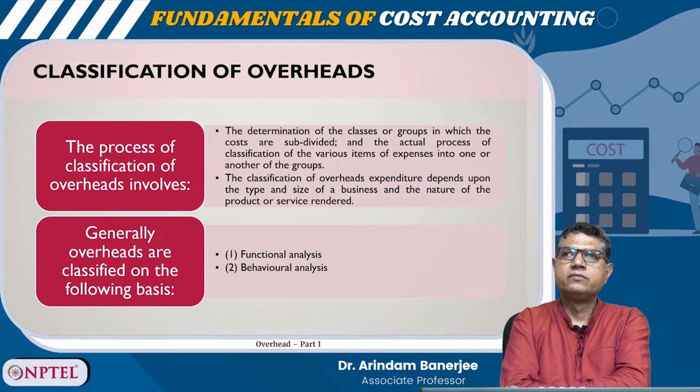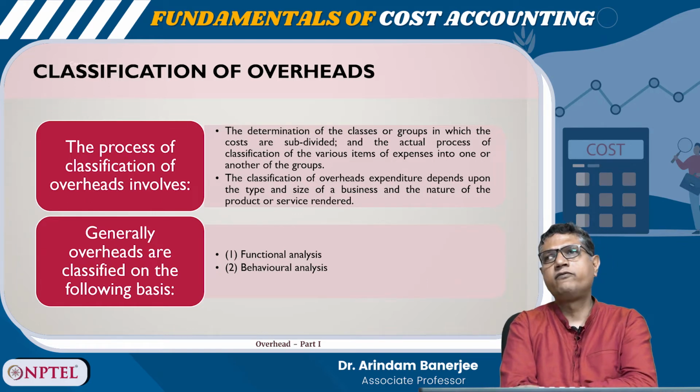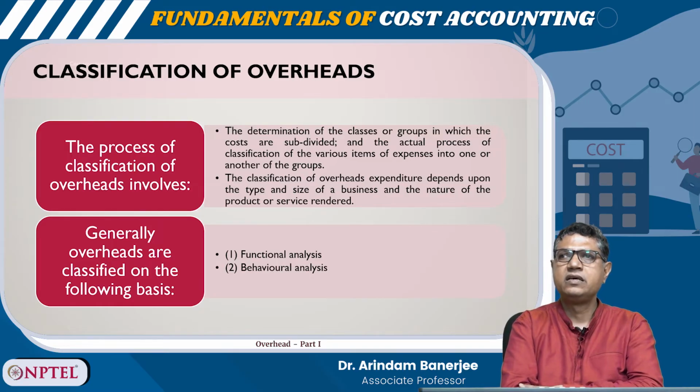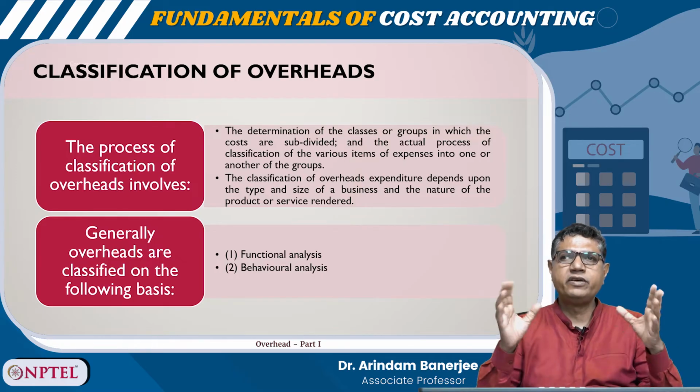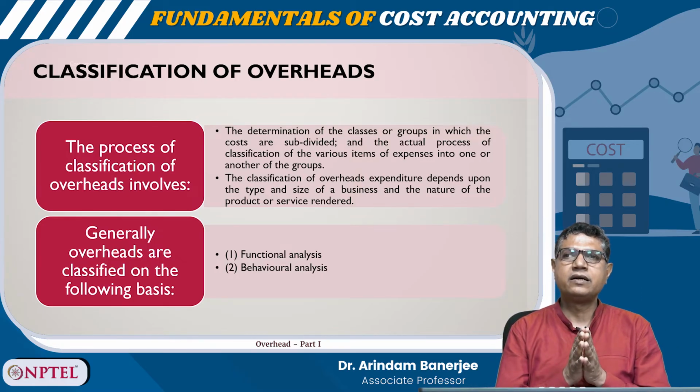Now, we can classify the overheads under different categories. Classification is the determination of the classes or groups in which the costs are subdivided, the actual process of classification of the various items of expenses into one or another of the groups. The classification of overheads expenditure depends on the type and size of business and the nature of product and service. Actually, this classification of overhead is a kind of science as well as an art.